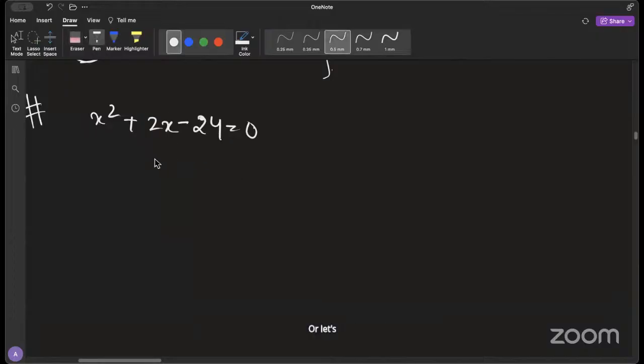But should we do this question by all the three methods? We should do it with the quadratic formula, I think. Okay, let's do it by the quadratic formula. Your quadratic formula is x equals minus b plus minus square root of b square minus 4ac, by 2a.